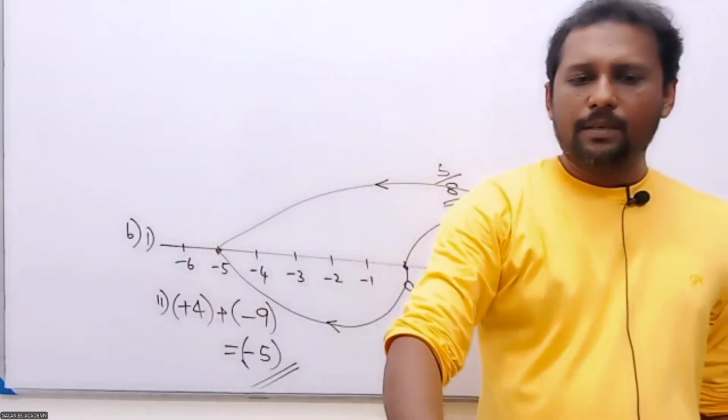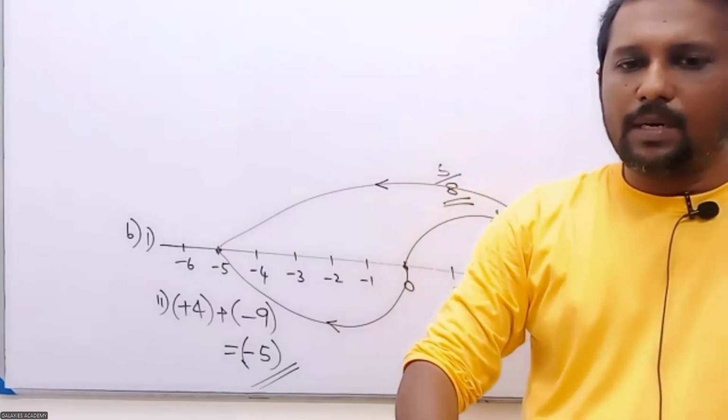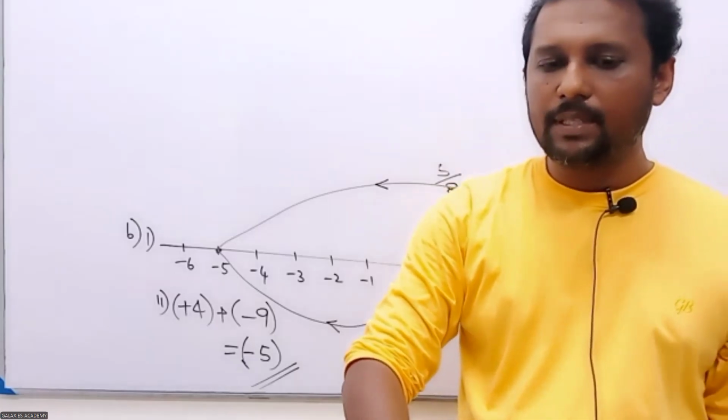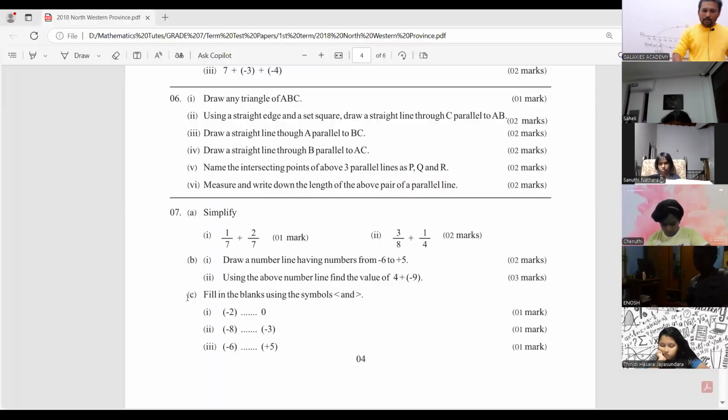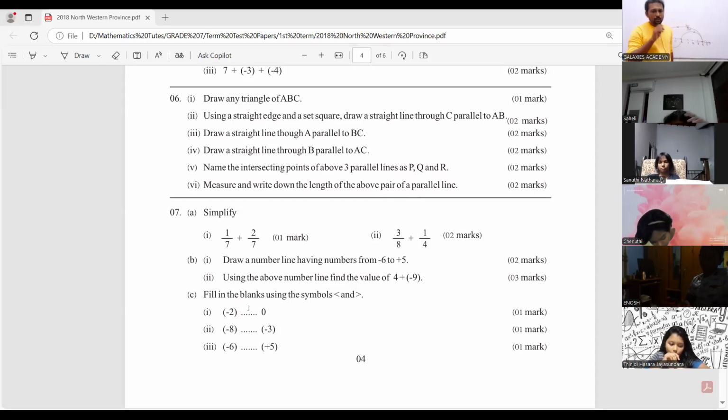Right, then we can go to discuss the next part. It is the 7th question, Simple C. Simple C given, filling the blanks using the symbol less than or greater than. Right, also this one you studied in grade 6 class. Simple C. The Roman number 1 given, -2 and 0.